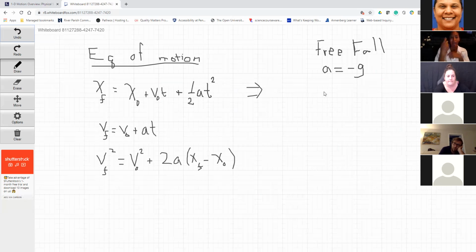So Y final, notice I went from using X to Y, equals Y initial plus V initial T minus one half G T squared.